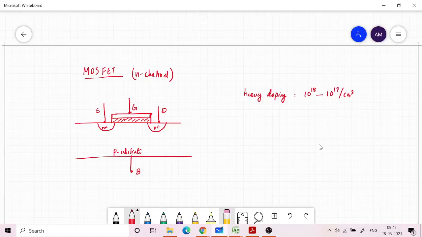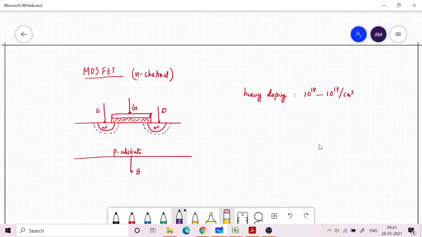whenever we have a PN junction we will have a depletion region. So if I draw that depletion region here, it will be mostly extending into the P substrate. That's because the P region has a doping concentration of the order of 10 raised to 16.